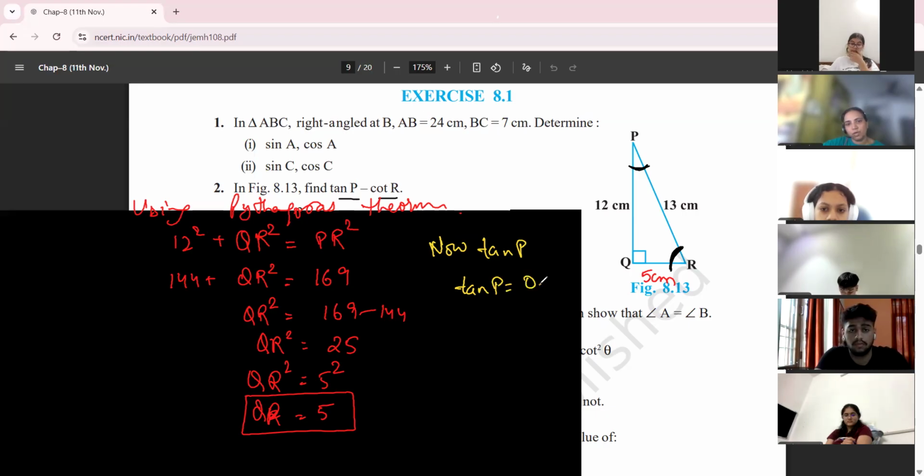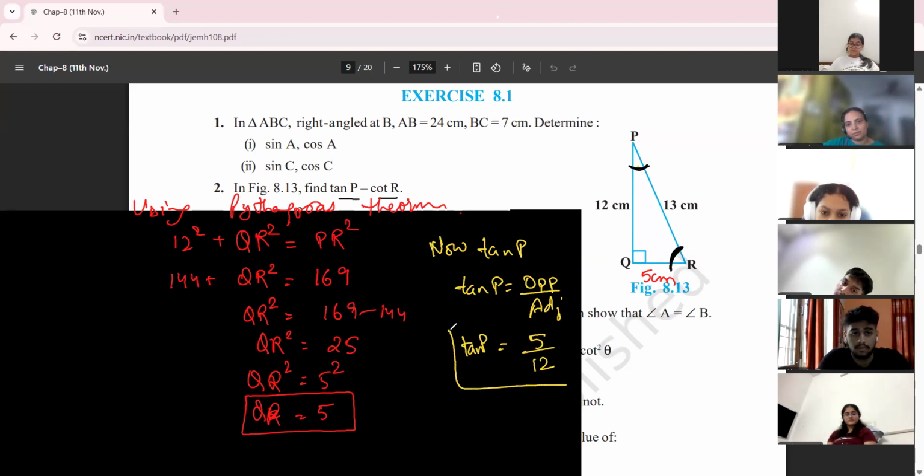Now we need to find out tan P. Tan is TOA. Tan P will be equal to opposite by adjacent, which will be from this point of view, opposite is 5, adjacent is 12.